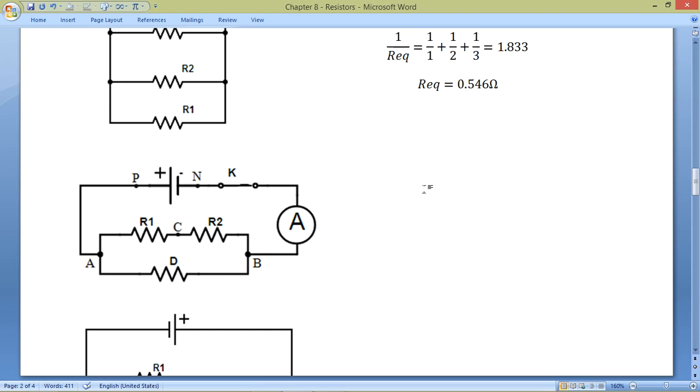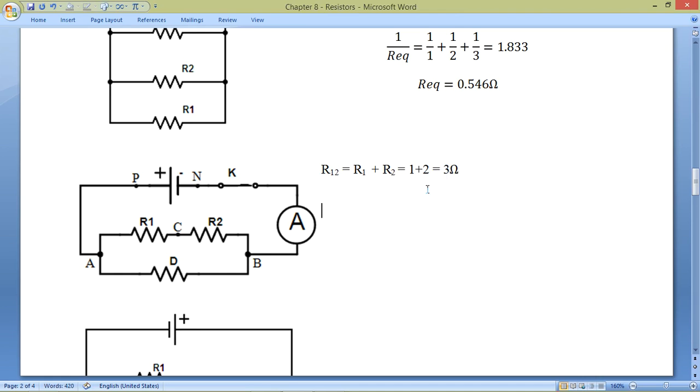So we can just try it. The first resistance is called R12. This is equal to R1 plus R2, which is equal to, let's say, 1 plus 2, which is equal to 3 ohms.